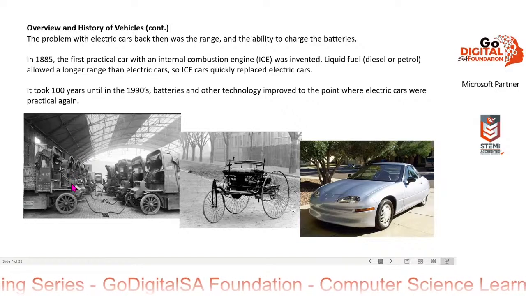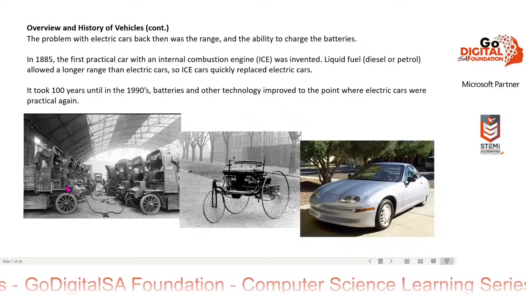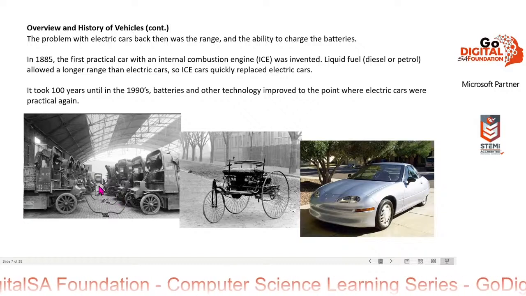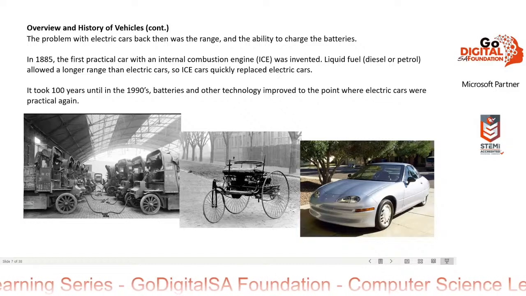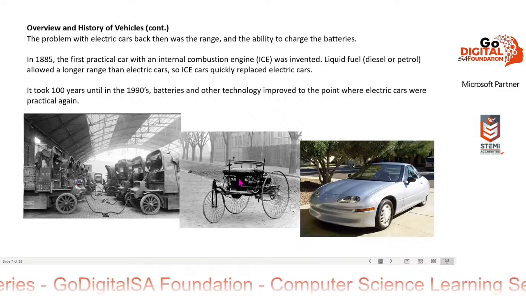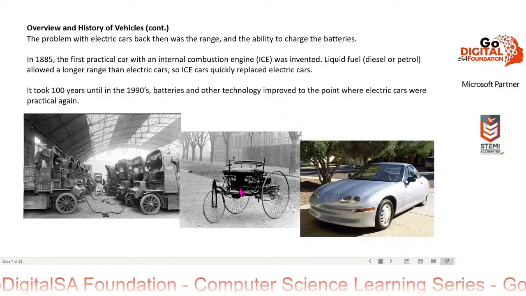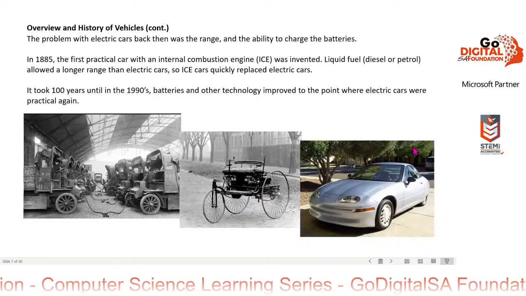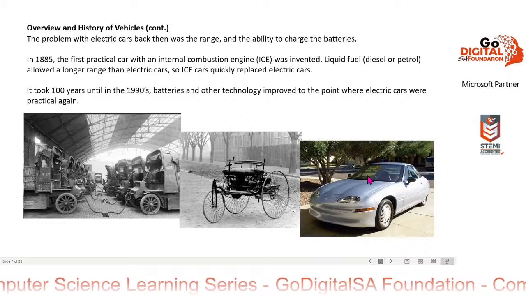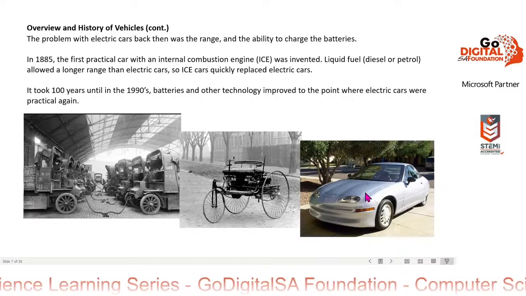So again, we can see way back in the 1880s, here's a bunch of electric cars being charged. When the first internal combustion engine driven car was created, it quickly replaced the electric cars because it had a much longer range. And then finally in the 1990s, electric cars started appearing again.